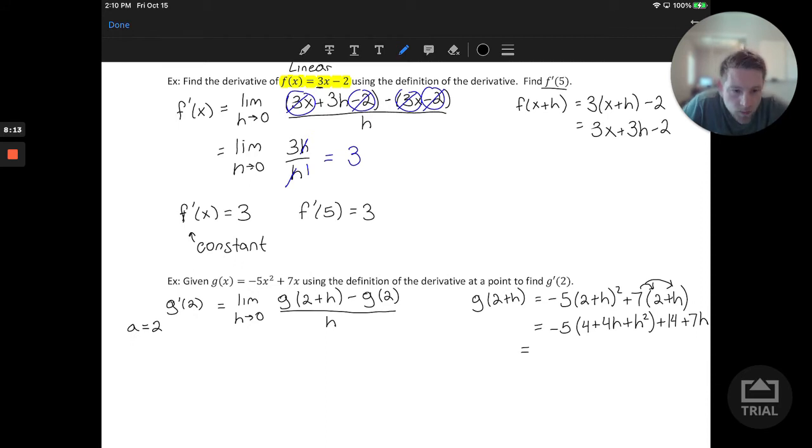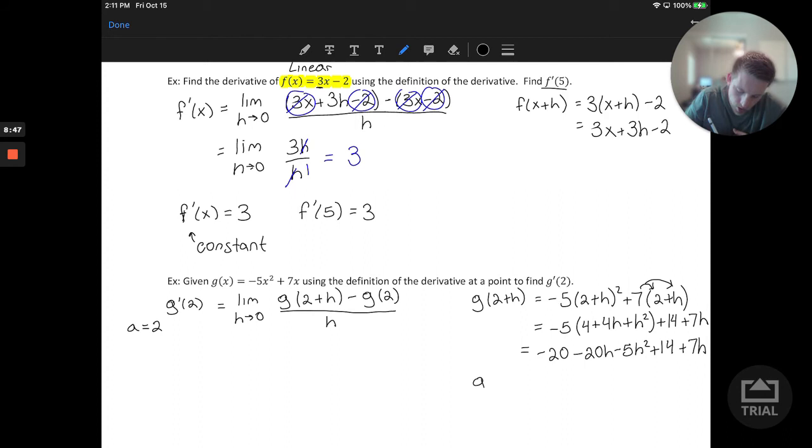We have a little more distribution with that negative 5 before we move on. Negative 5 times 4 gives negative 20h, and negative 5h squared, plus 14, and then plus 7h. It doesn't appear that we have any like terms to simplify there, so we'll leave that as it is for right now.